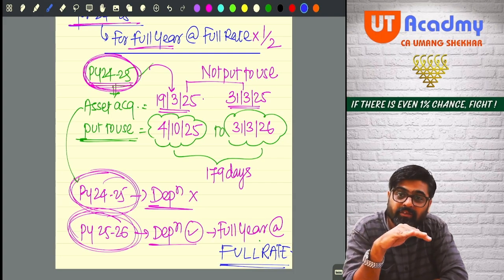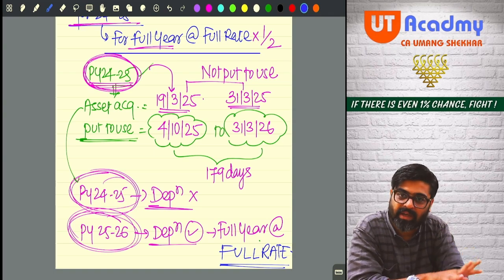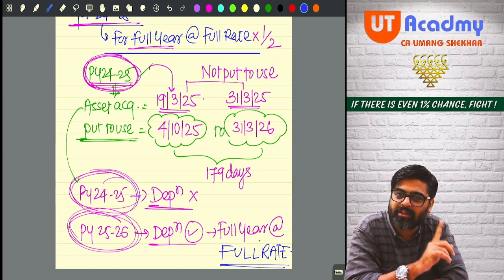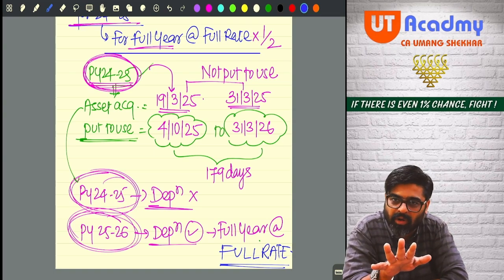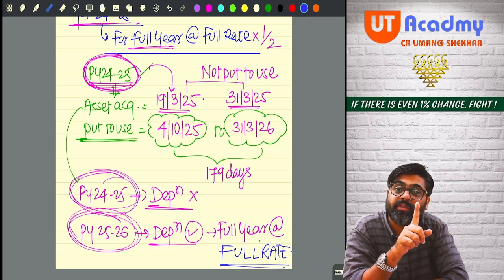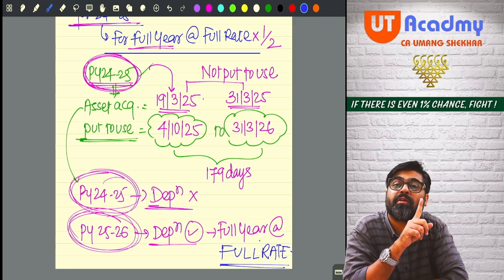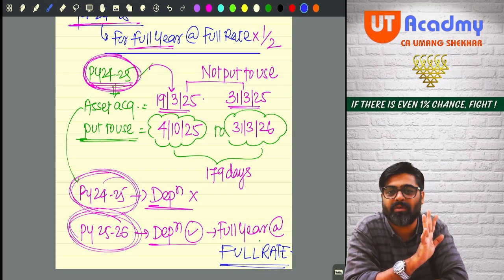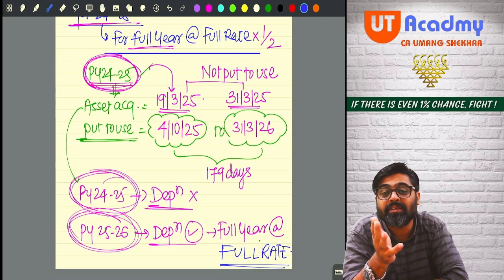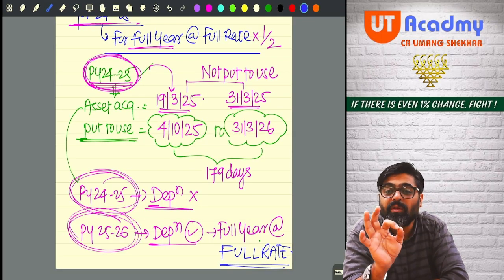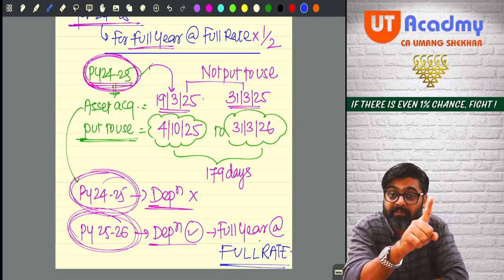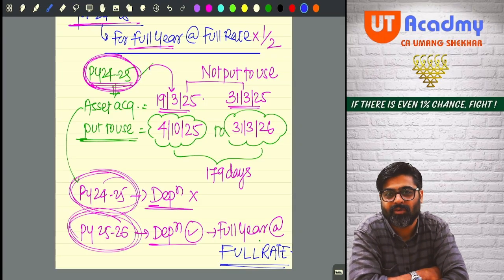If the current year is not the year in which these assets were bought, then even if they are used for less than 180 days in the current year, the depreciation rate will not become half, it will be full only. They are deliberately giving you that information so that you take the depreciation at half rate.